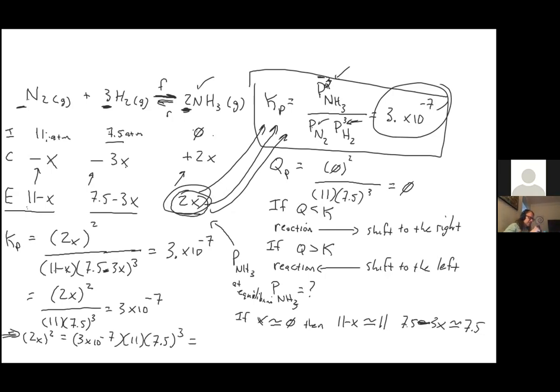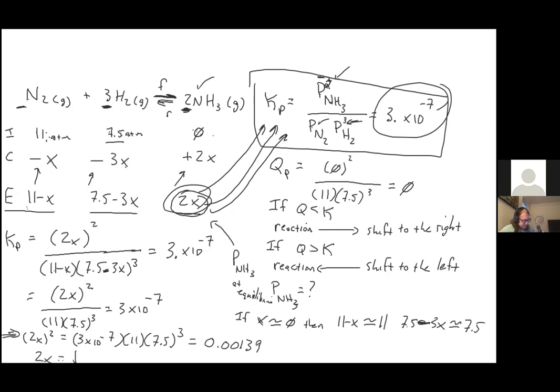It's 3 times 10 to the minus 7 times 11 times 7.5 raised to the third power. And you get 0.00139.